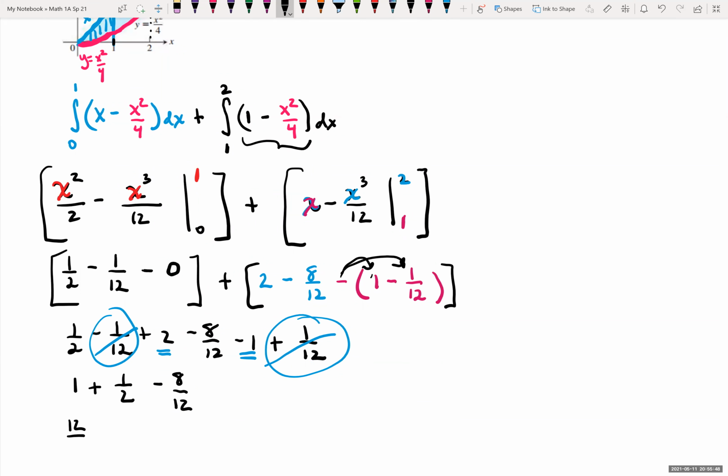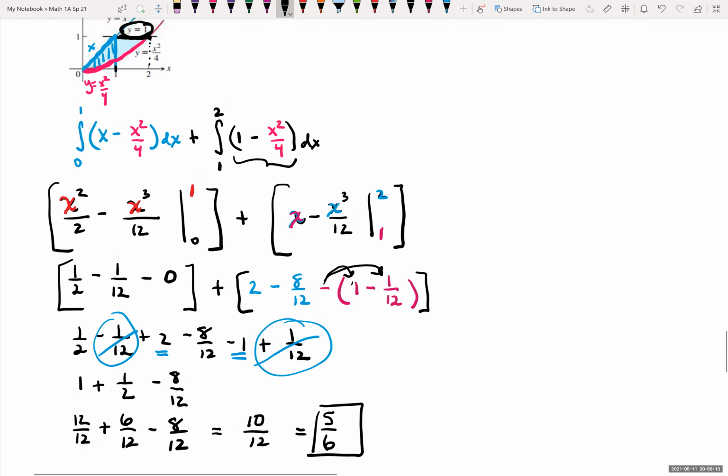So I have 12/12 plus 6/12 minus 8/12. So that's 18/12 minus 8/12 is 10/12. Reduce that, 2 goes into both, I get 5/6 units squared.